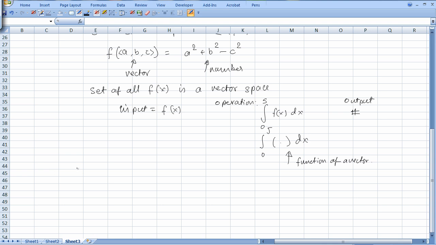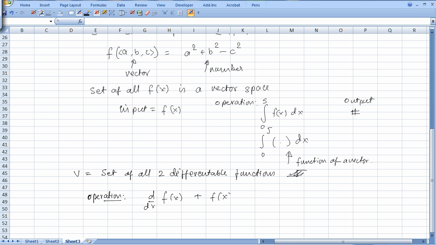More examples. Vector space set of all twice differentiable functions. That means you cannot have step functions and things like that, but it's a twice differentiable functions. So operation d/dx of f of x plus f of x whole square.